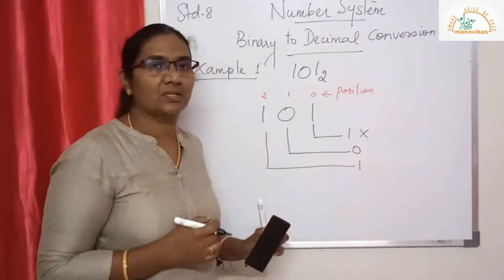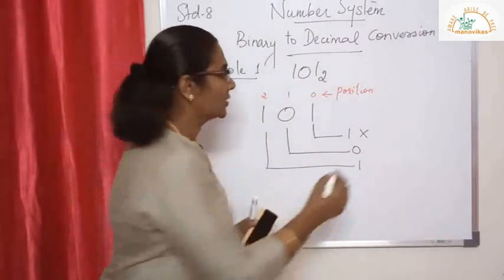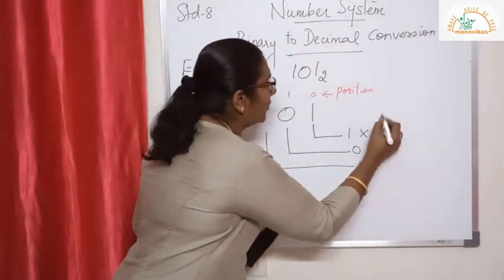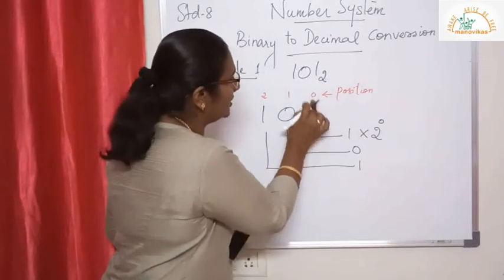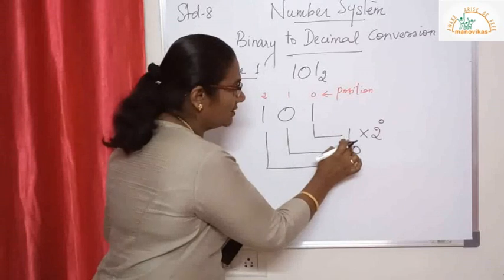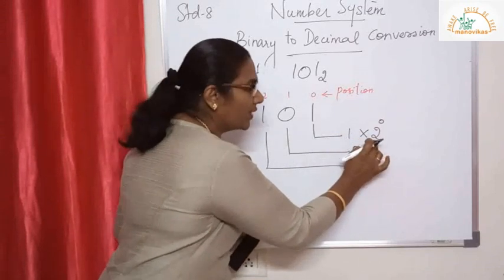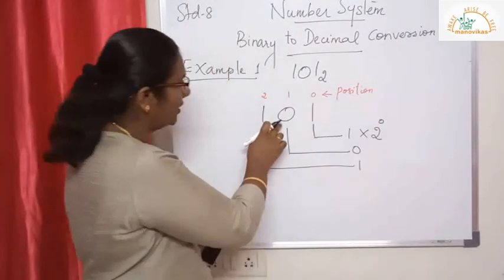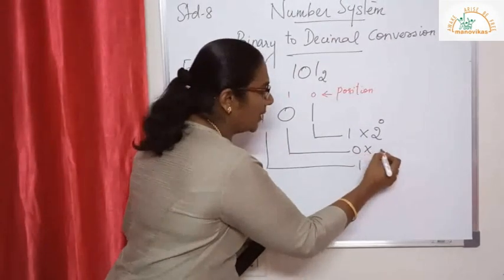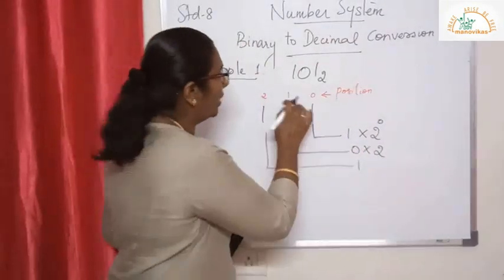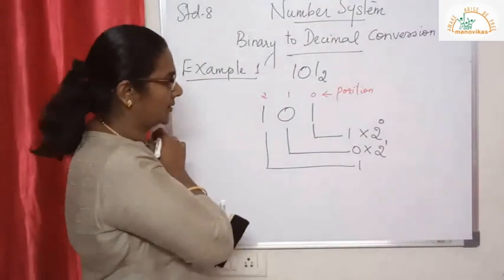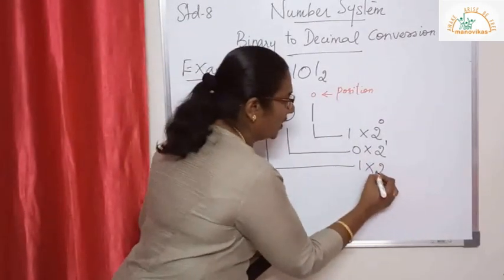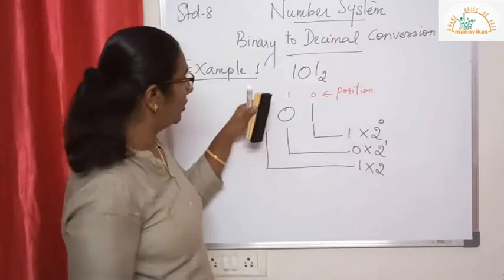What is the base of this number system? The base of the number system is 2. So multiply by the base of the number system to the power of its position. What is the position of the first digit? That is 0. So the digit 1 is multiplied by the base to the power of the position. In the same way, 0 is the next digit, which is multiplied by the base raised to the power of its position, that is 1. Then the last digit, that is 1, is multiplied by the base to the power of 2.